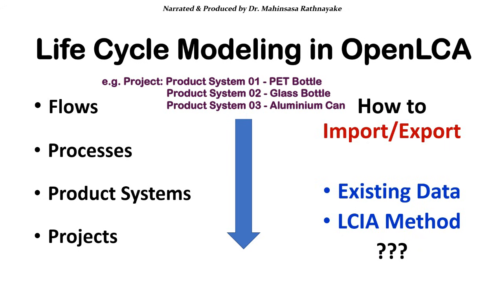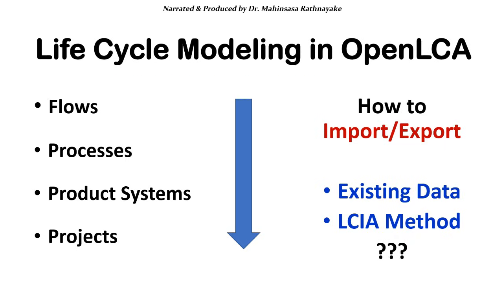They were PET bottle, glass bottle, and aluminium can. So there we have to use project element in OpenLCA for comparing several life cycles.